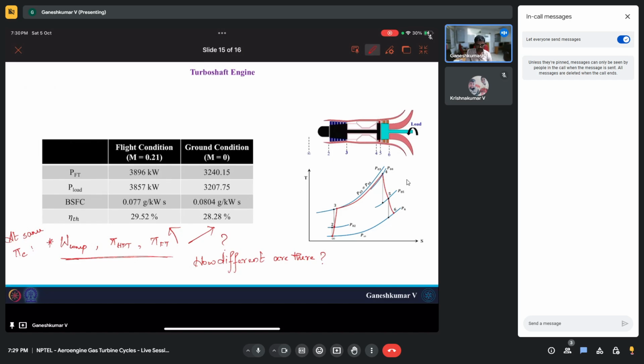Also, you should be cautious that it is not true that the ground condition will always yield higher power, or in thrust, that the ground condition will always give you higher thrust. So you should be a little bit careful, and that is something I wanted to let you know. But otherwise it's a pretty straightforward numerical. I hope everyone can easily follow it. It's not a very big deal.